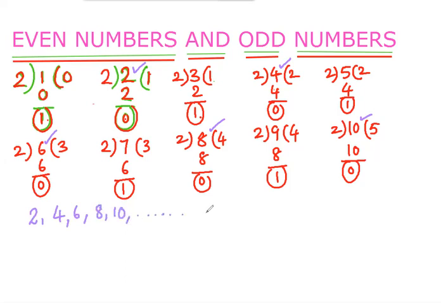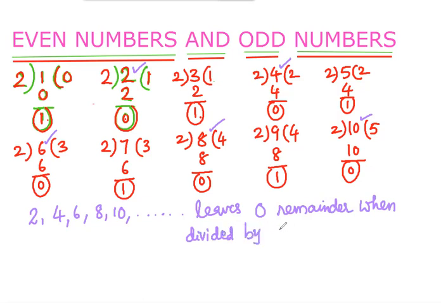Numbers that leave remainder 0 when divided by 2 are called even numbers.